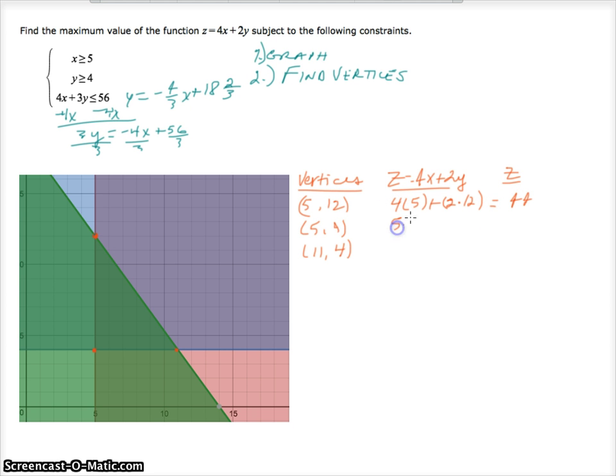I have 5, 4, so 4 times 5 plus 4 times 2. 20 plus 8 equals 28. 4 times 11 plus 2 times 4. 44 plus 8 gives me 52. So my maximum value here is 52. So just graph these equations, find your vertices, and then plug and chug.